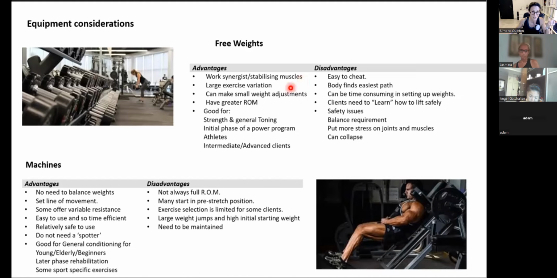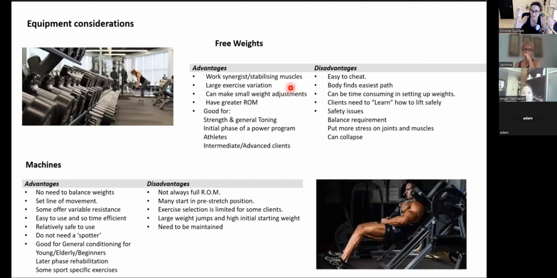You do have a large exercise variation, whereas you don't have that really when you have a machine, unless you have a huge gym and you have, for every single exercise, what you can do with free weights, also a machine. You can do small weight adjustments. Usually machines have 5 kilos, and then the next one would be maybe 5 again. So 5 and 10 and then 15 kilos. So very often the weight jump in between is a lot.